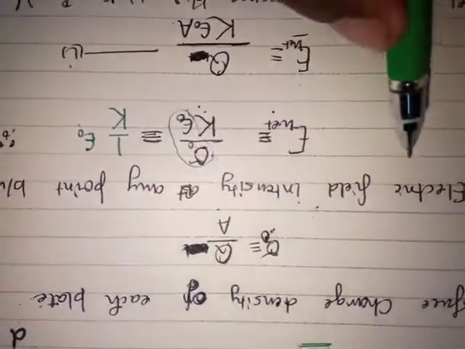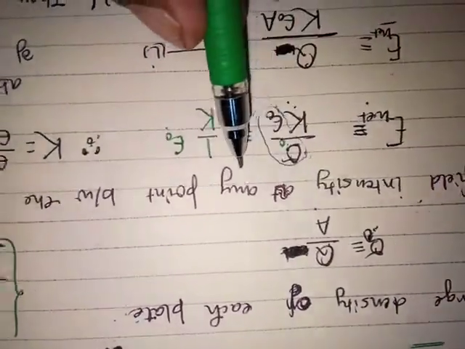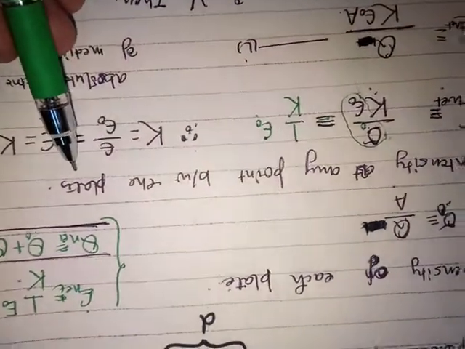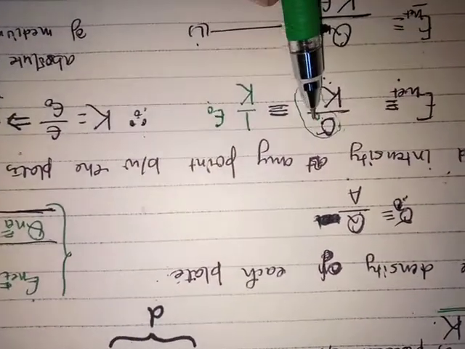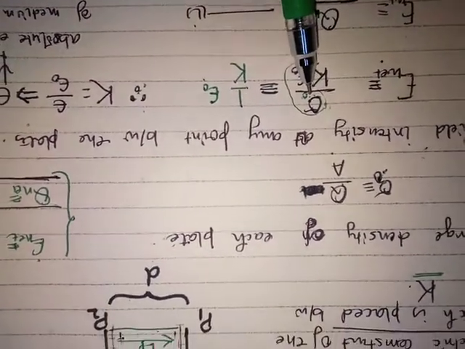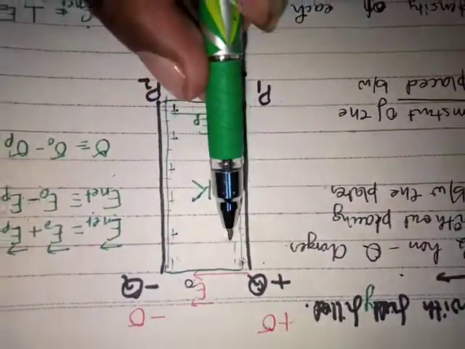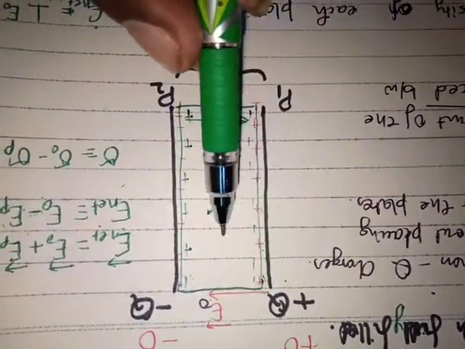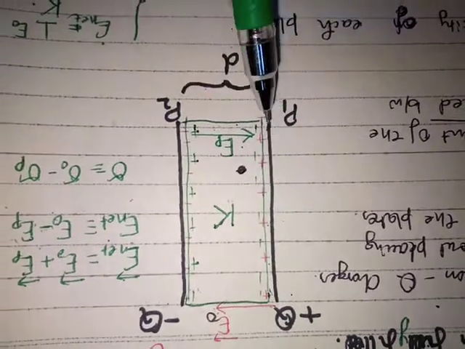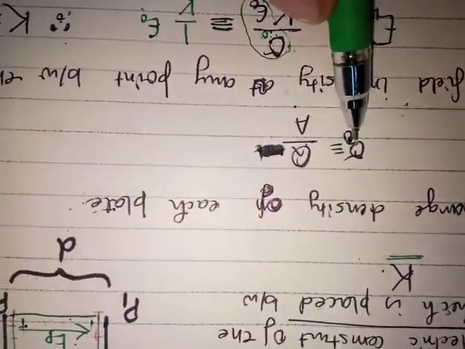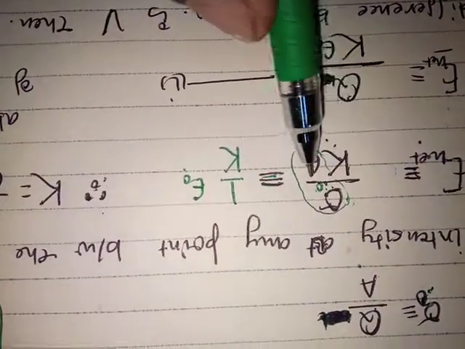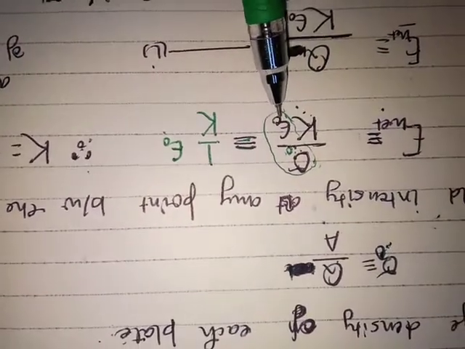The value of the electric field intensity at any point between these two regions will be E net equal to sigma naught, the surface charge density of these two plates at start, upon K into epsilon naught.